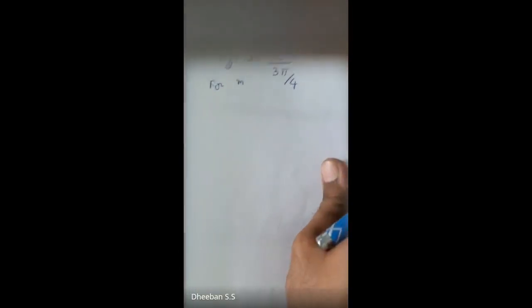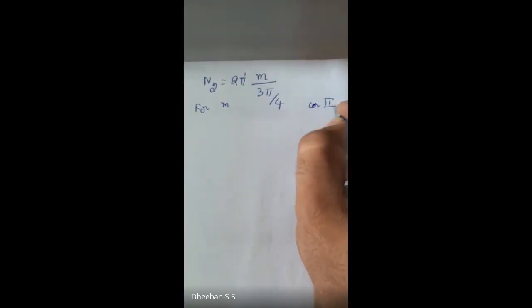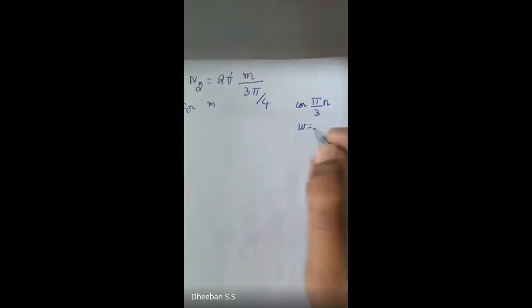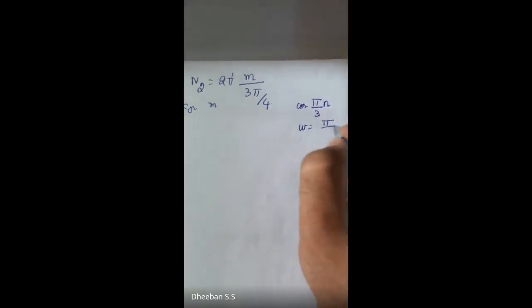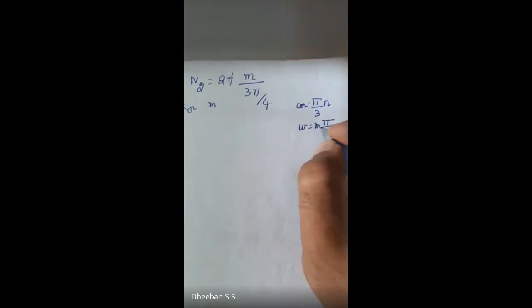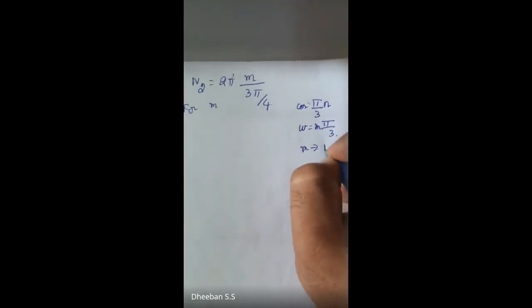For example, for cos pi by 3 n, omega equal to pi by 3. In general, omega equals m into pi by 3, so the m value will be equal to 1.